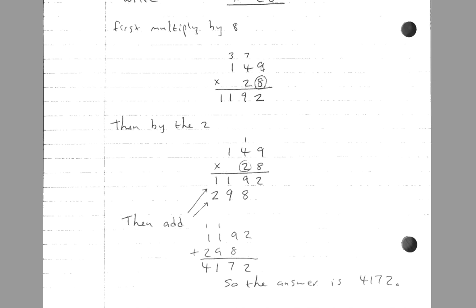Well, 150 times 3 is 450, and then multiply that by 10, that's 4,500. So those are two slightly bigger numbers, but we can see we're in the right ballpark. 4,000 and something. So if you got an answer of, say, 417, then you can see that's way too small.